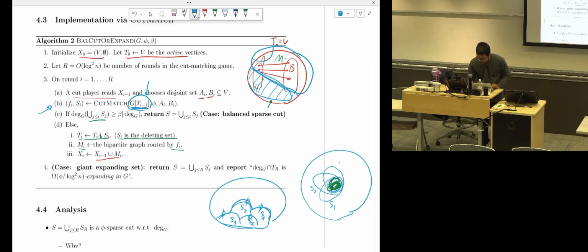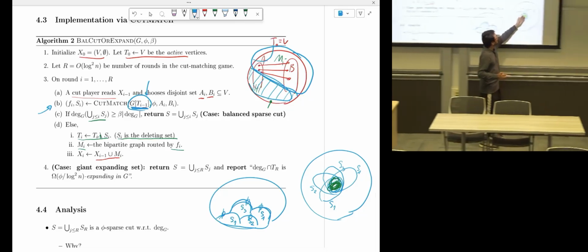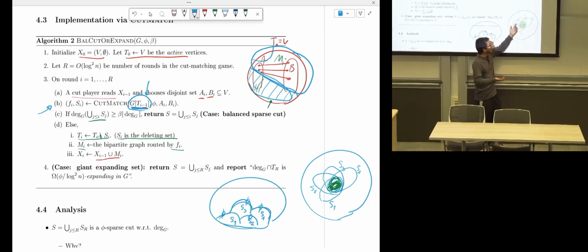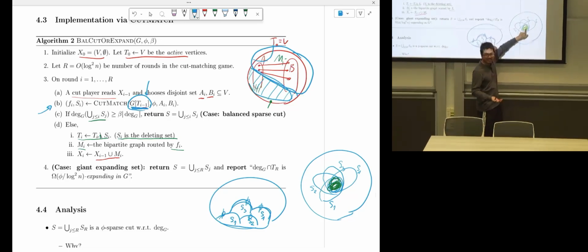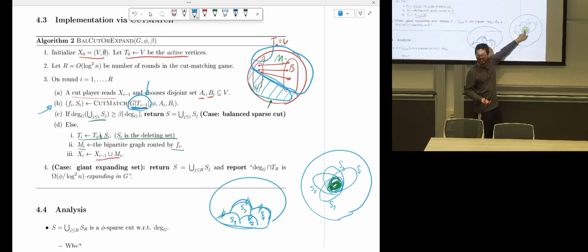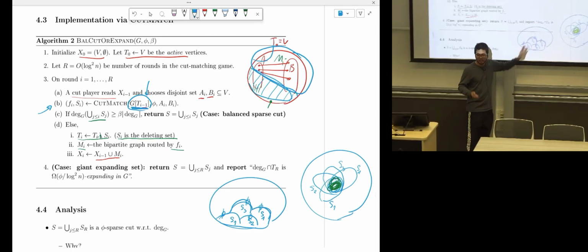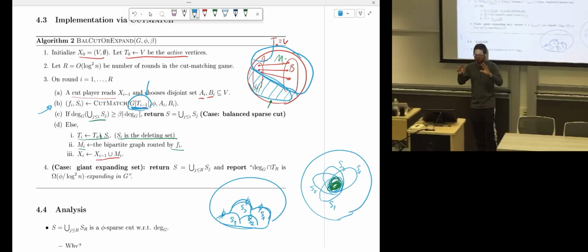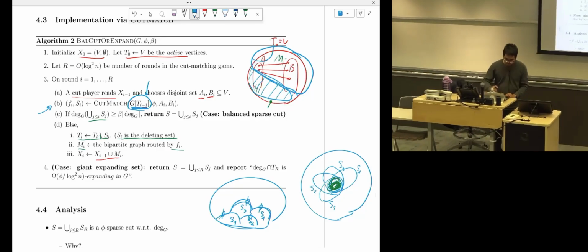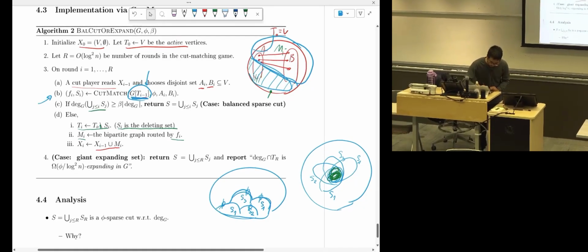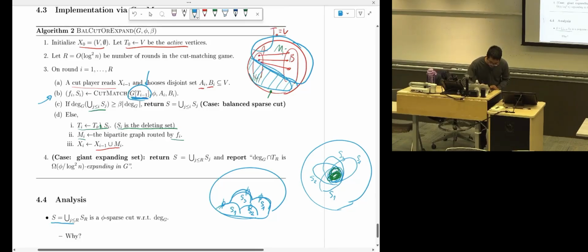Each of them is sparse individually, but the union of them might not be sparse anymore, because the cut size gets charged to this guy again and again. So the union is not sparse. But if they are disjoint and each of them is sparse, then the union is sparse. So this explains why the union is sparse.